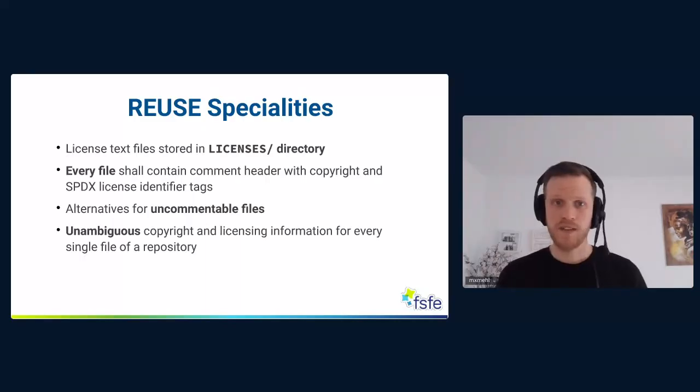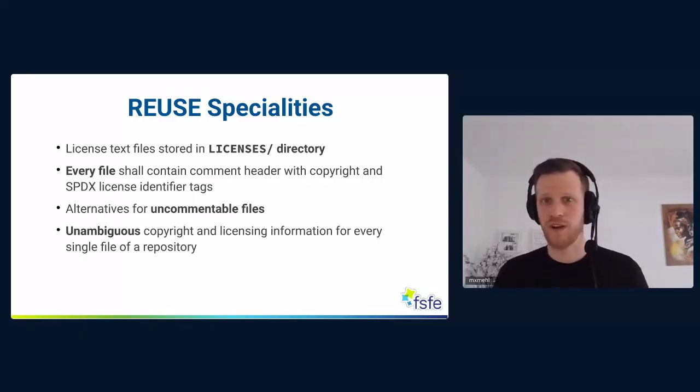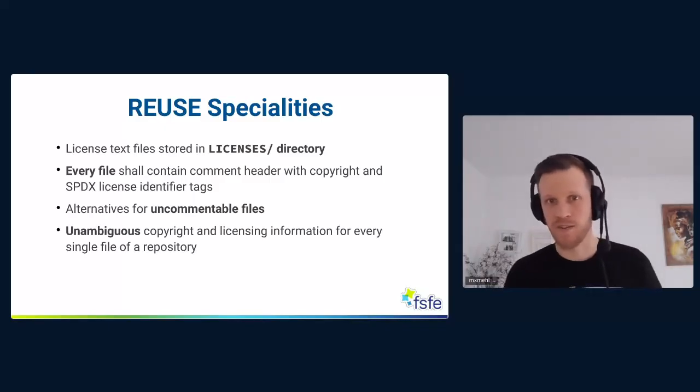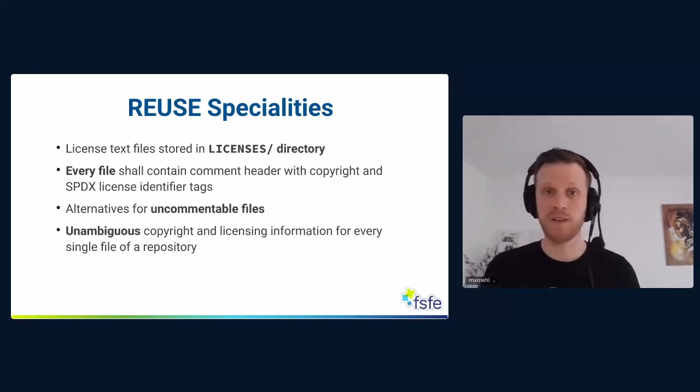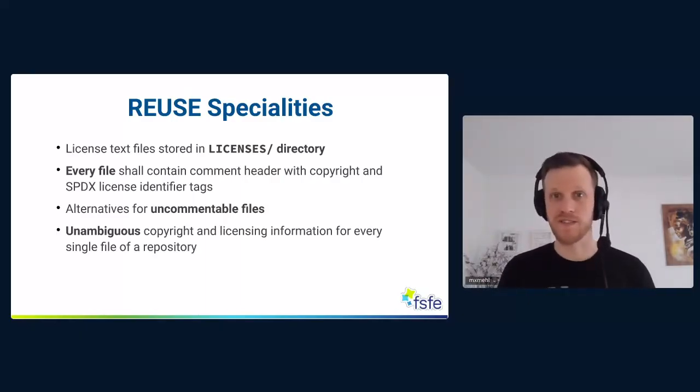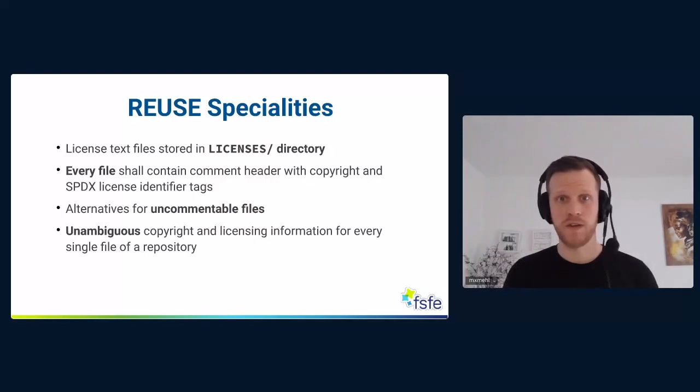That may sound a little bit really strong or a little bit pedantic, but it makes sense because otherwise authors just define for themselves, well, for this file, I don't need a copyright or a license, but perhaps there should be a license for this, and people want to find out what licenses apply to a repository. That's why we are really strict here. And also these alternatives for uncommentable files, this is also a novelty. And I would say they make sense.